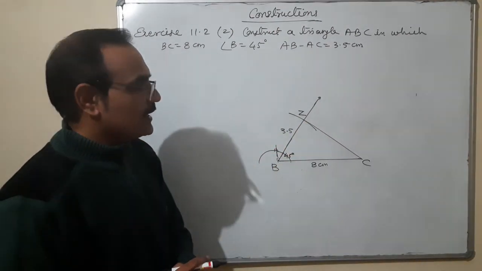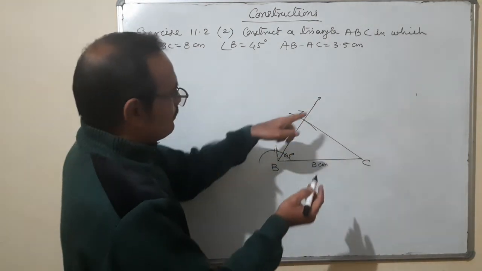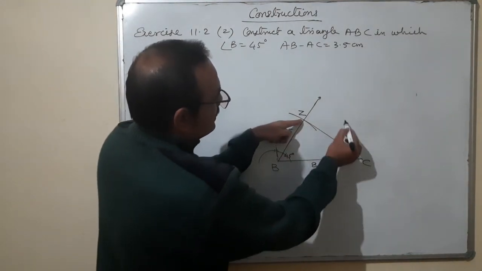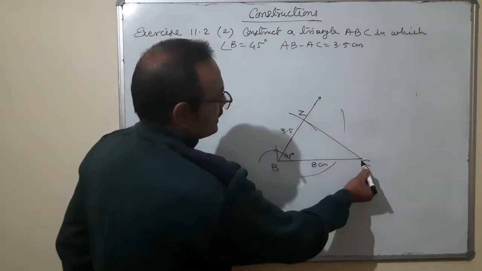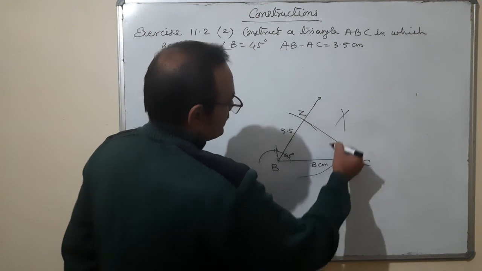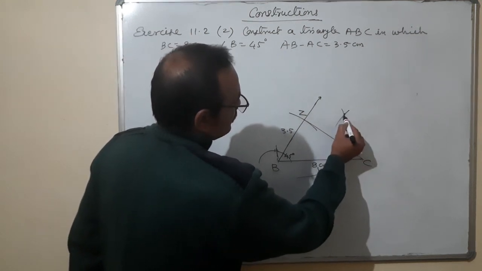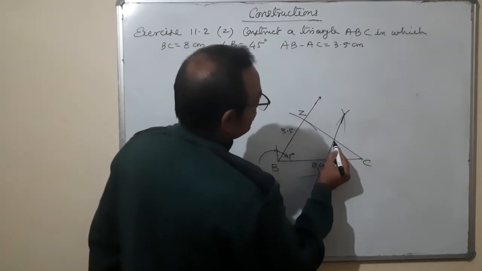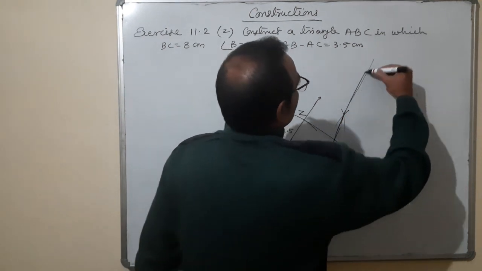Draw the perpendicular bisector of ZC. For that, again the same procedure. With Z as center, taking radius of more than half of ZC, draw two arcs on both sides. With C as center, taking the same radius, cut these two arcs. Join them and produce it.